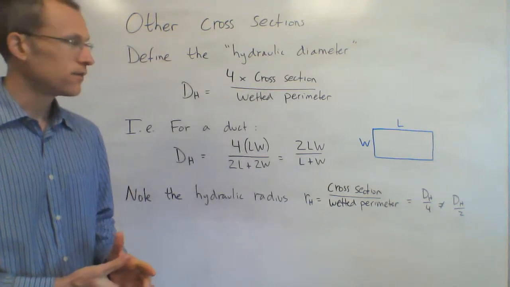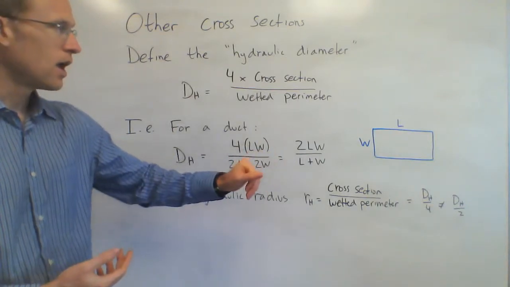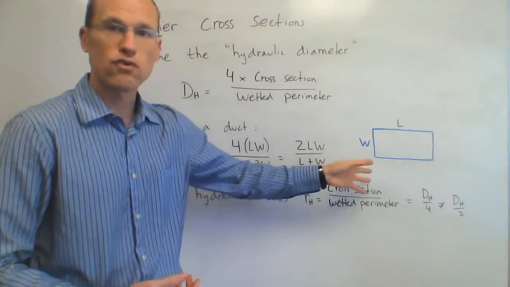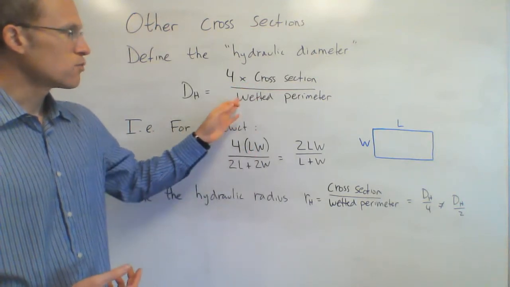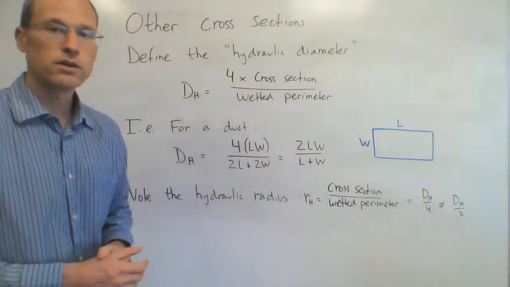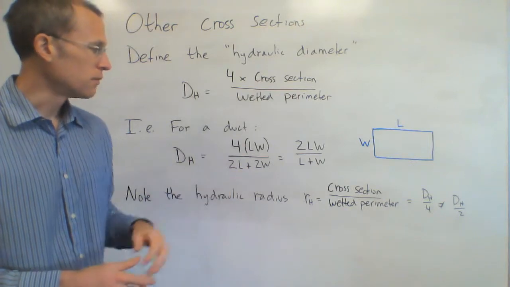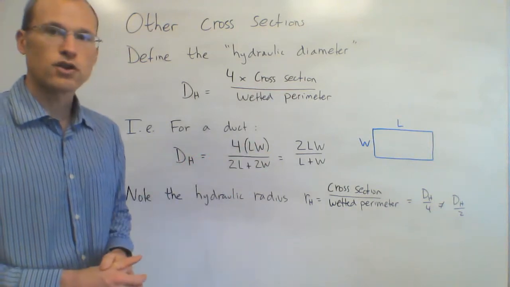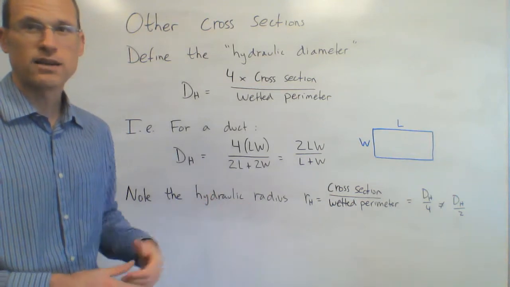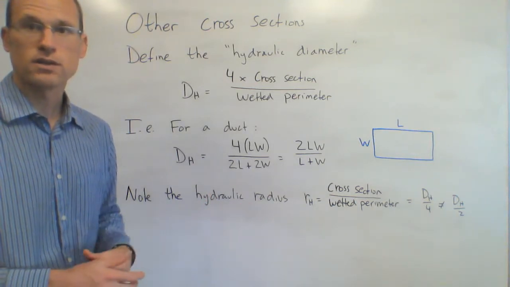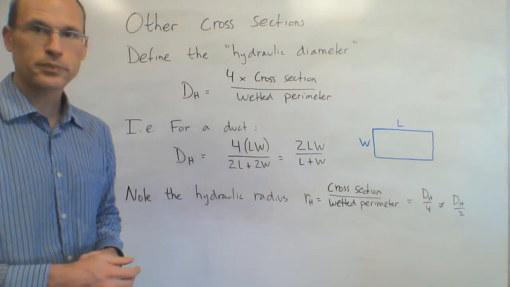So again, for air conditioning, a rectangular duct has some length and some width. Plugging that in here, my cross-section is L times W, and the perimeter all the way around is 2 W's and 2 L's. Cancelling the 4 and the 2, my hydraulic diameter in that case is 2LW over L plus W, and basically I can use that as a diameter in all the previous equations we had.